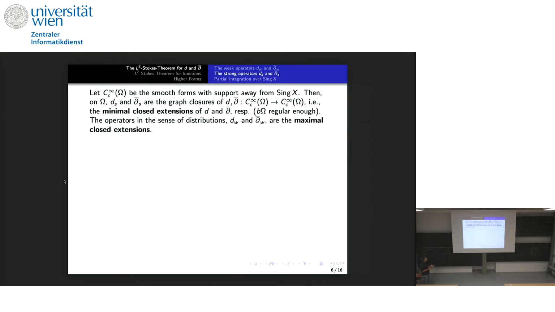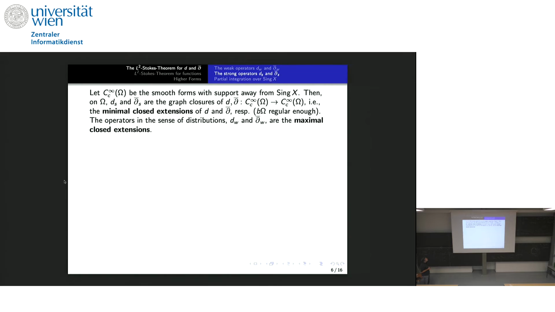So let's think a little bit about these operators from the point of view of functional analysis. You can consider smooth forms with support away from the singular set. Then the strong operators are the graph closures of these operators acting on smooth forms with compact support.